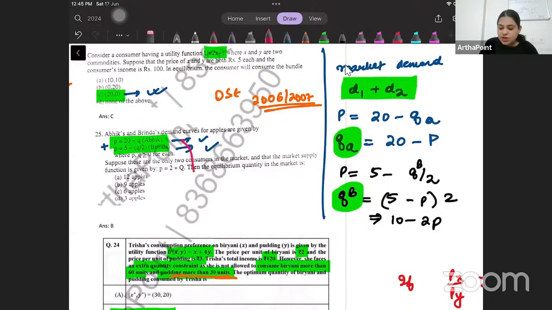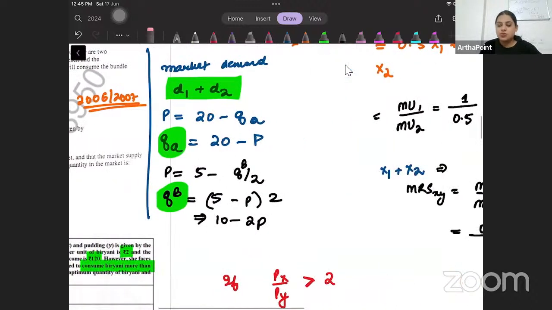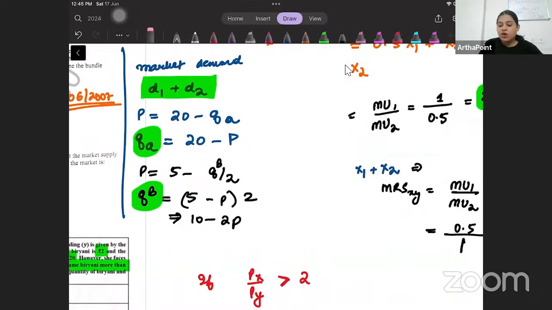Many students will simply go ahead and say, okay, total P is equal to 20 minus Q plus 5 minus Q by 2. No, that's incorrect. You first find the demand and only then add. That's horizontal summation, right? So once you have found the 2 demands, then you can add them together.